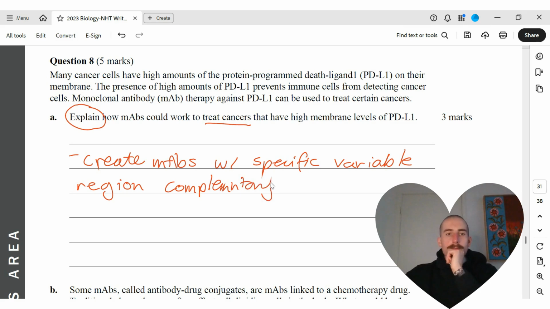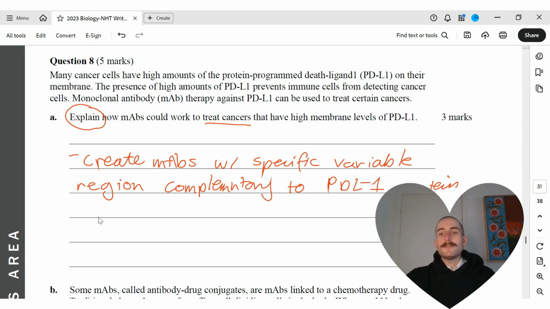Create mAbs with a specific variable region complementary to the PD-L1 protein. That's our first step. You've got to make them.